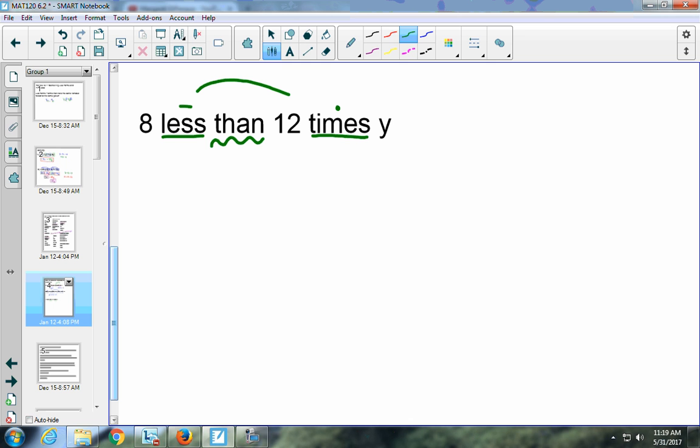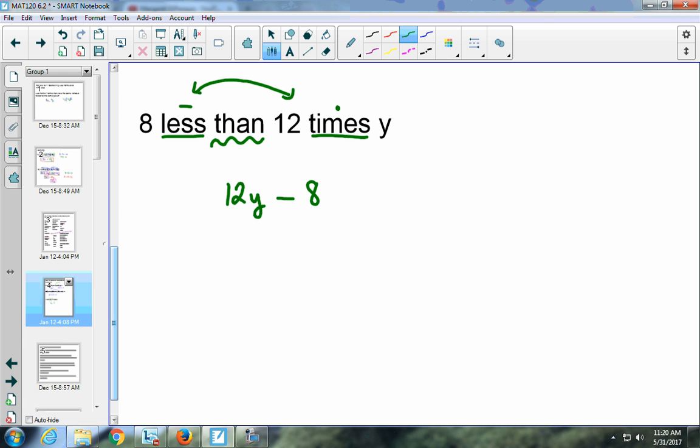So what that tells us is that we need to switch the order around. Because it says 8 less than, that really means that I'm going to be subtracting 8 from something. And that something is whatever comes after the word then. So 12 times y is what comes after then. So we have 12y minus 8.